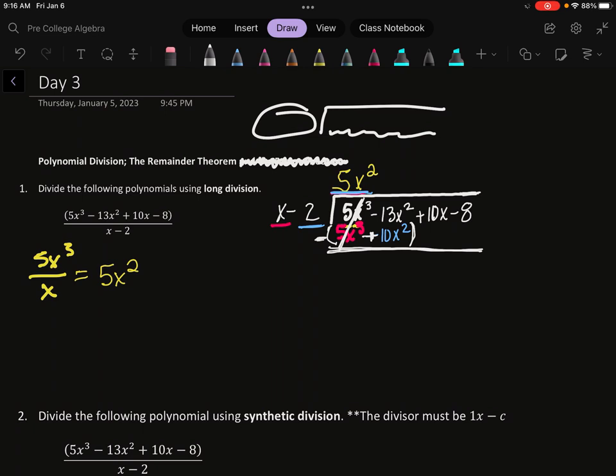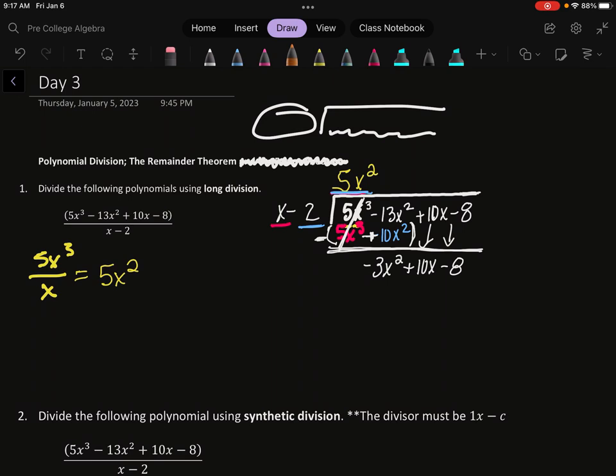Then we have negative 13x squared plus 10x squared. That is negative 3x squared. And then these things just drop down. Plus 10x minus 8. So we got to keep going.